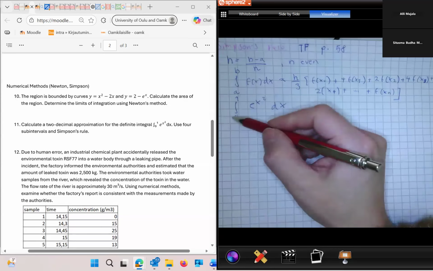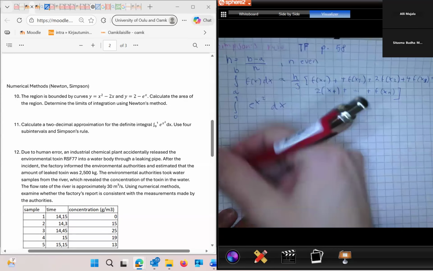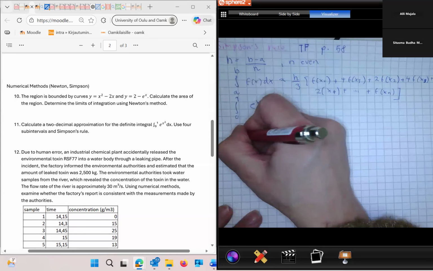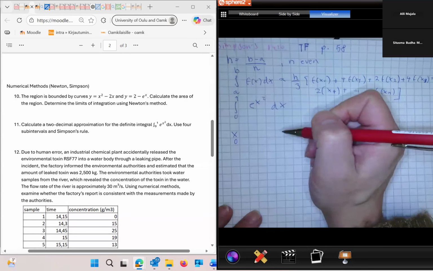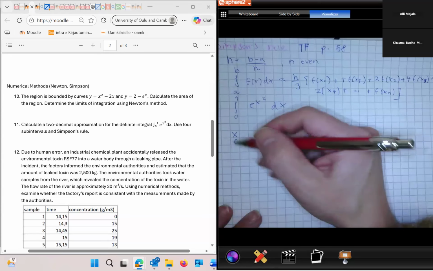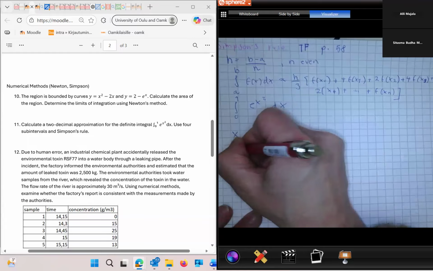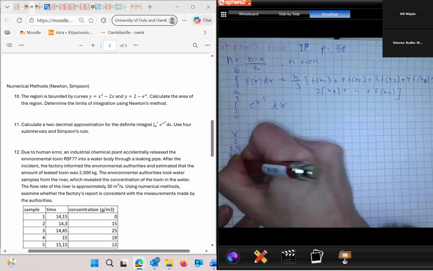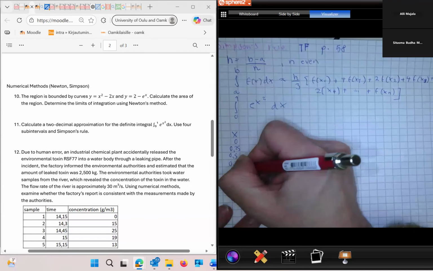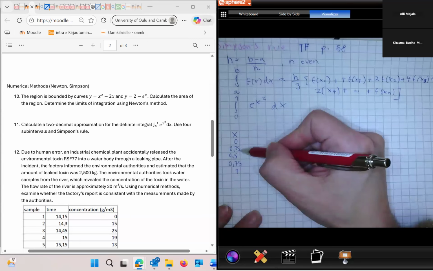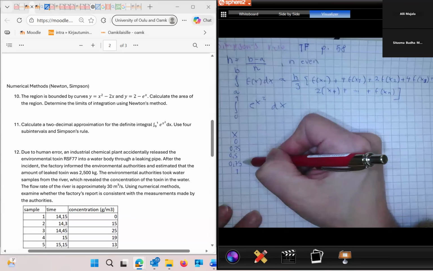So my sub-intervals would be, I go from x from 0 to 1. I divide that area in 4 sub-intervals, so I would have 0.25, 0.5, 0.75, and 1. So my first interval is from 0 to 0.25, then second, third, and fourth.